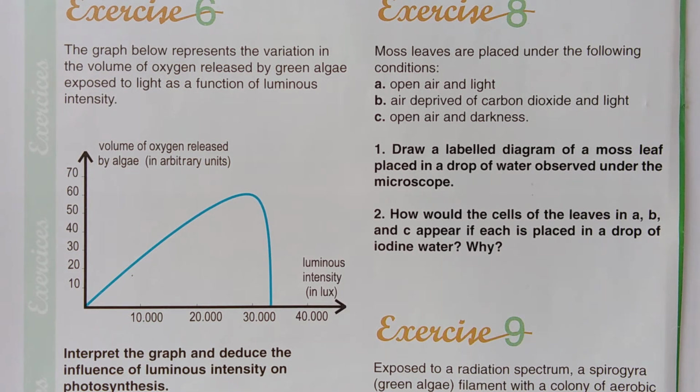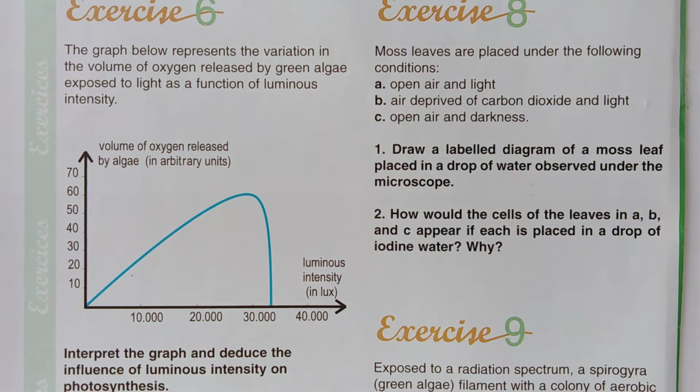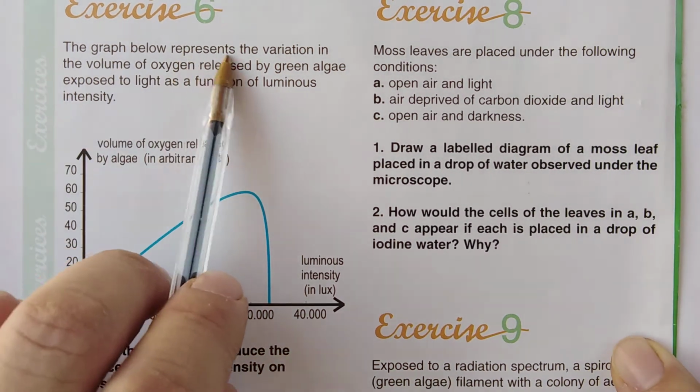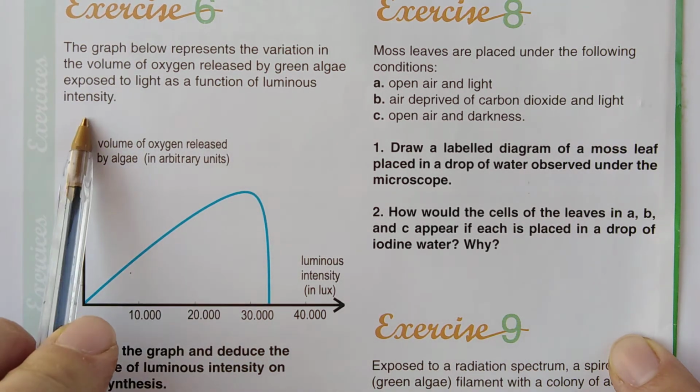Now, by taking an example on the effect of intensity of light on the rate of photosynthesis by a green plant, we considered exercise 6 on page 31 in your textbook of chapter 1. This study was showing that the graph below represents the variation in the volume of oxygen released by green algae exposed to light as a function of luminous intensity.